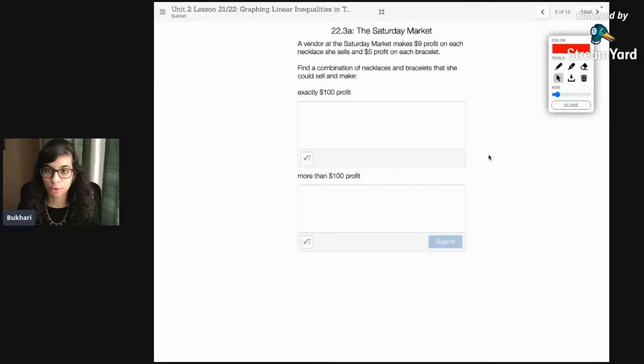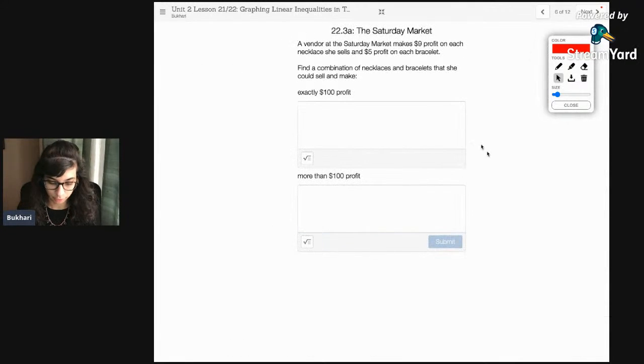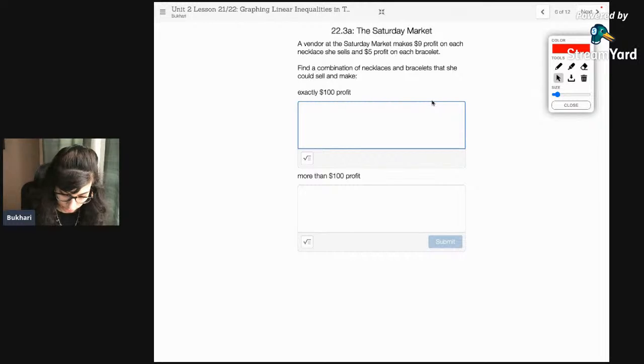And then in 22.3, we get into understanding what it means in context and finding the graph. A vendor in the Saturday market makes $9 profit on each necklace she sells and $5 profit on each bracelet, right? So if I'm creating exact profits, let's say my x value is my number of necklaces, and y is my number of bracelets.